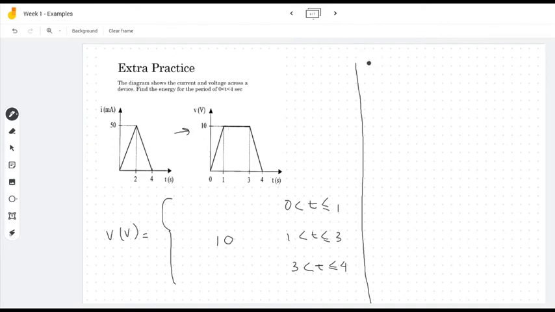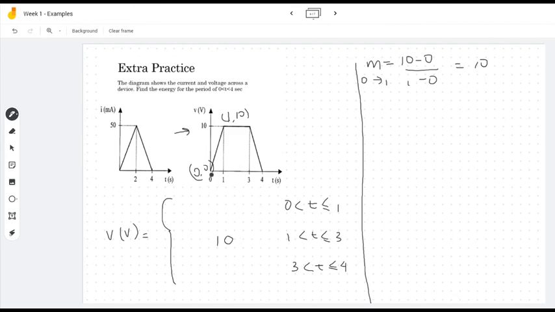So you need to get your M. That's right. From 0 to 1, what is your M? You have to get two coordinates. This one is 0, 0. Straight up. So let that one be x1, y1, x2, y2. 10 minus 0 over 1 minus 0 gives me a 10.